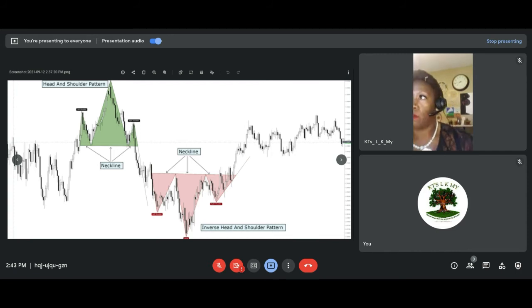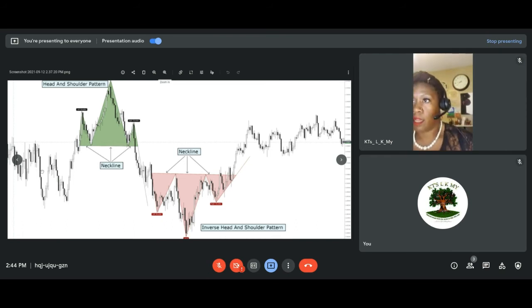And so what you're going to do is, it said measure from the first to the head, and then you would subtract that from the neckline, which is this line across, and that lets you know how far it's going to go down. Statistical notes. Gaps on the breakout day tend to help performance along with tall, narrow patterns.